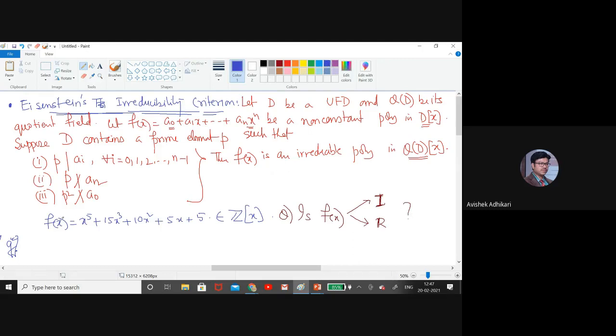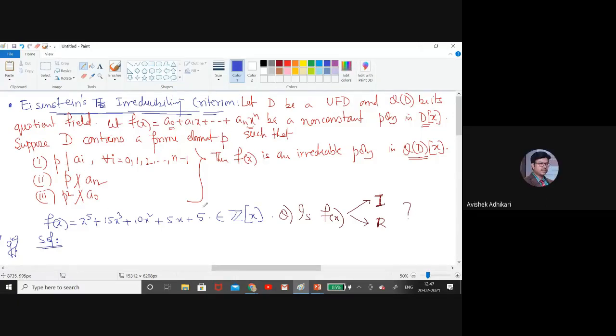Somebody? Maybe we will take the prime number 5 because that is the GCD of the middle ones. So 5 divides all the things, and 5 does not divide the leading coefficient. So let us take P to be 5.